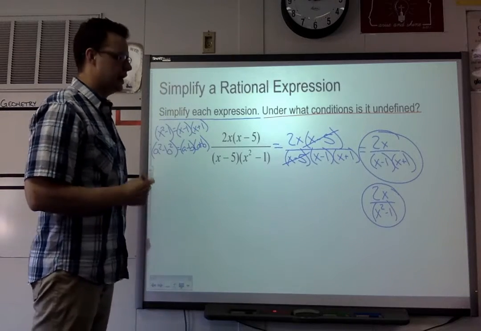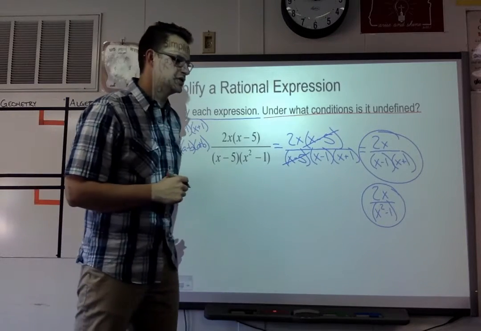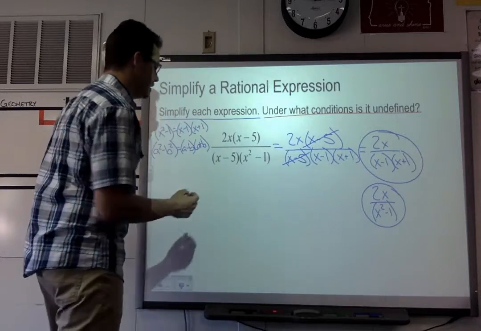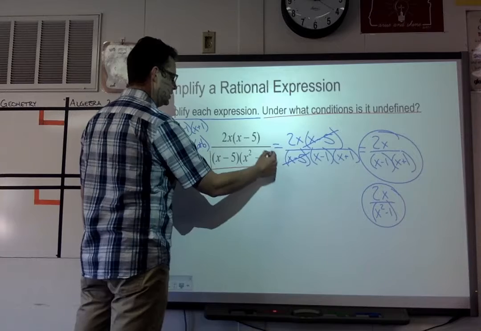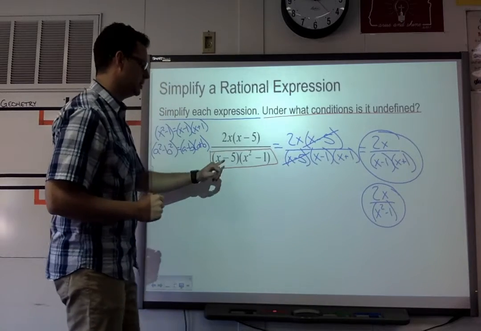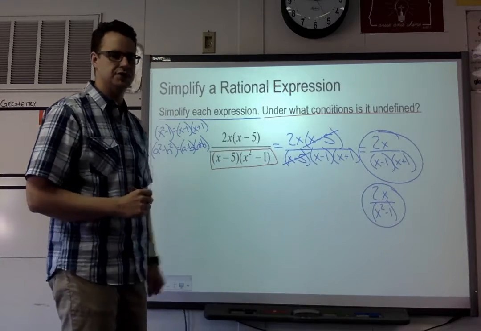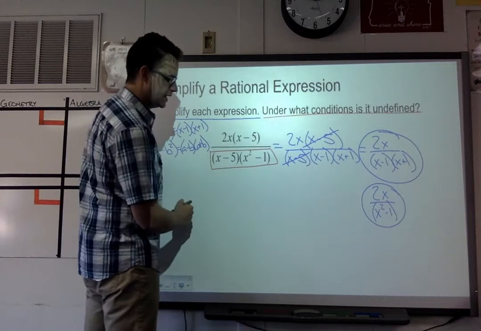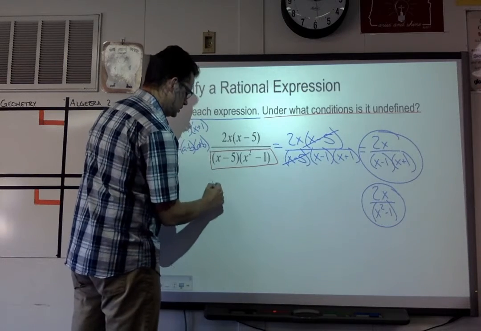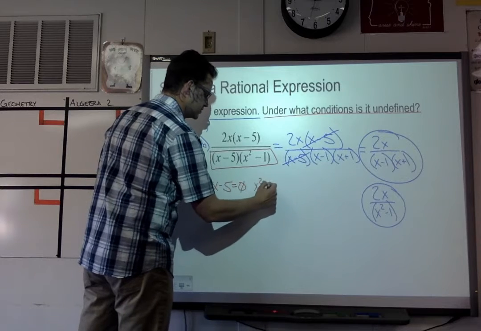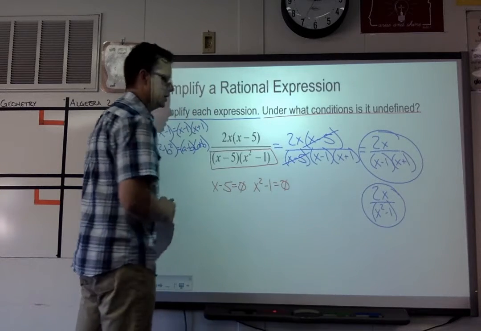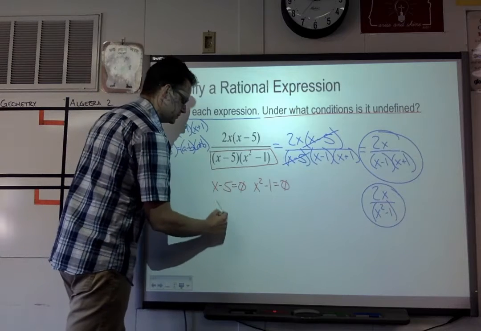So in order to figure out where this rational expression is going to be undefined, we need to go back to our original problem, and we need to look at everything in the denominator and set each of these equal to 0. So I'm going to go ahead here and say x minus 5 equals 0 and x squared minus 1 equals 0, then we solve for x.